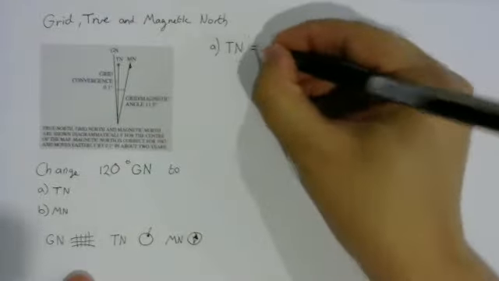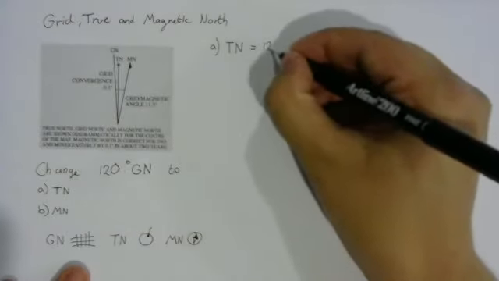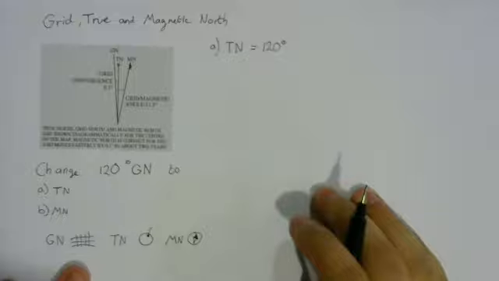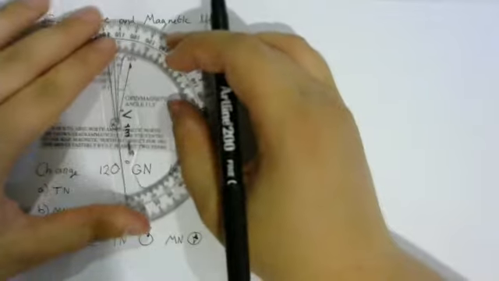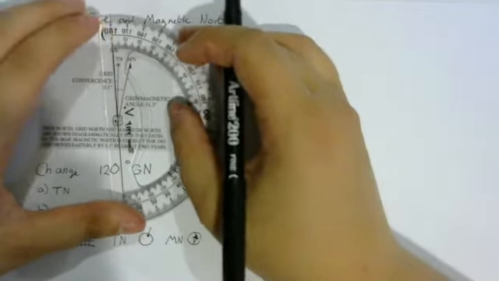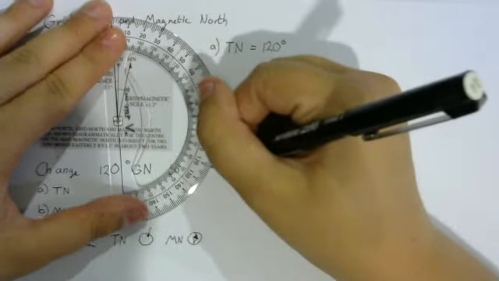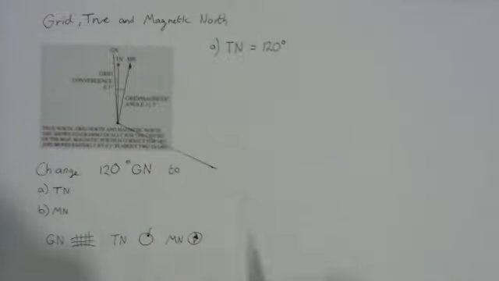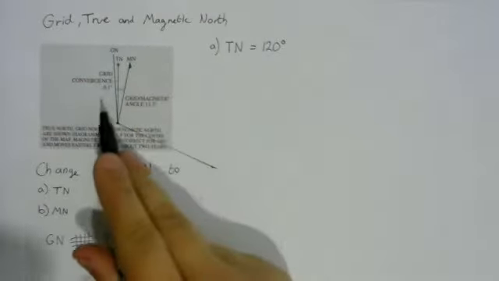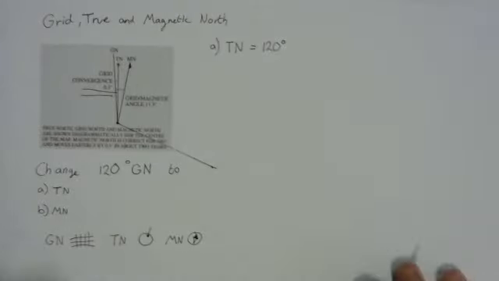True north equals, we're going to start with the 120 degrees that we have. So if I use my diagram here, that means from grid north we have an angle of 120 degrees. So there's our angle. Now to change it to true north, our diagram tells us that the difference between them is 0.1 degrees.